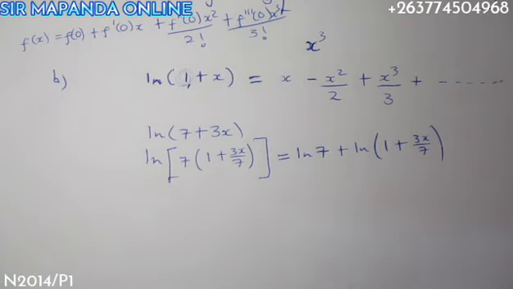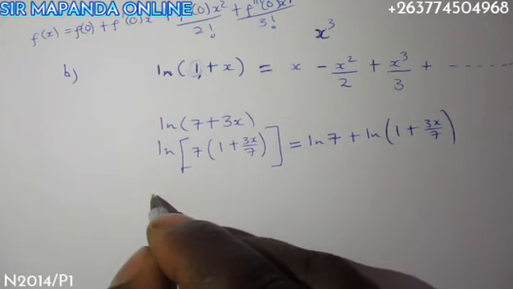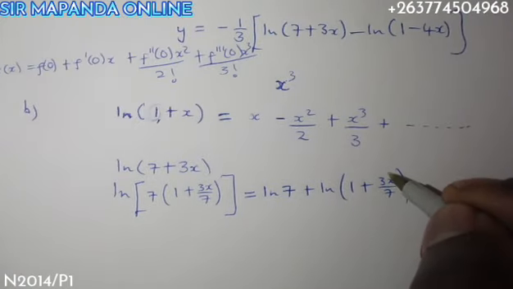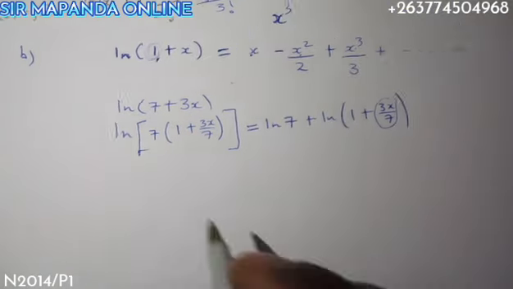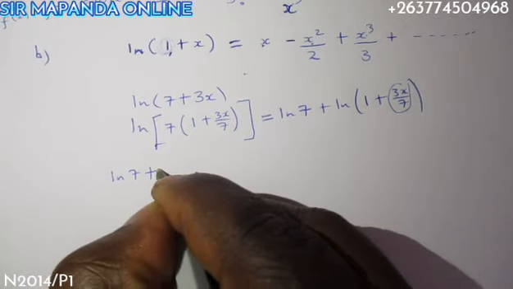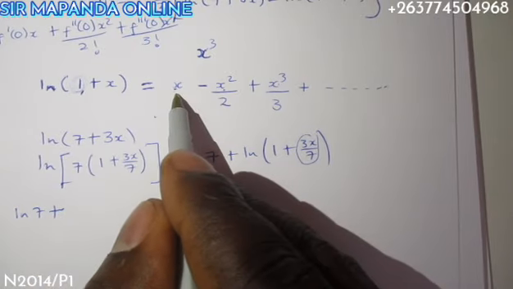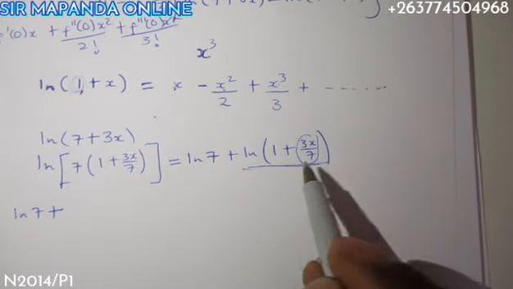I hope you are following, right? Then I'm now substituting 3x over 7 on each and every term in x. You get ln 7 plus, here you are going to substitute on this one to find this term.